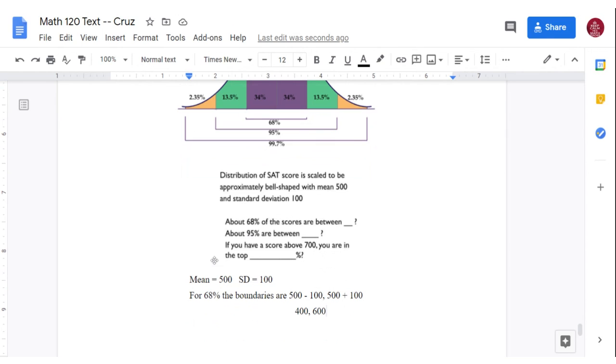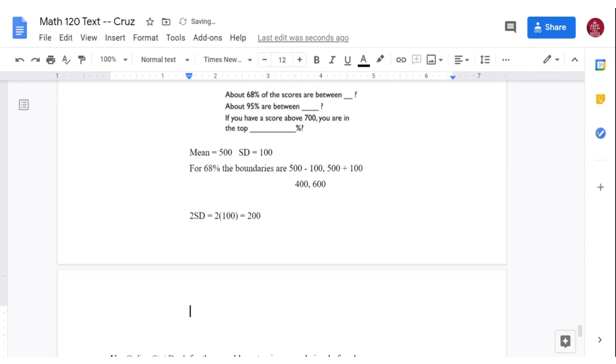We can do the same thing with 95%. That's 2 standard deviations. So 2 standard deviations is equal to 2 times 100. So 200.